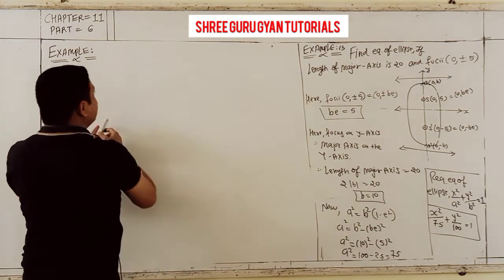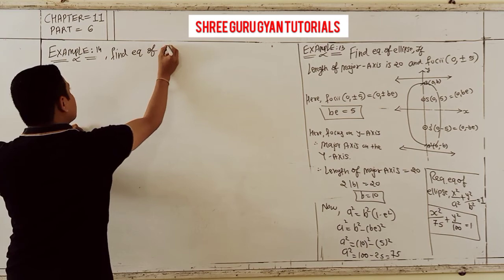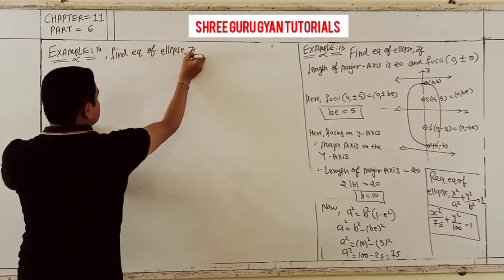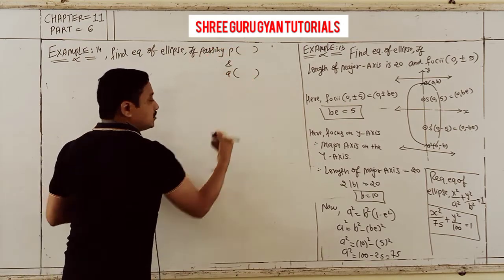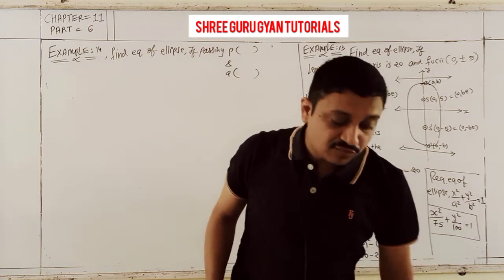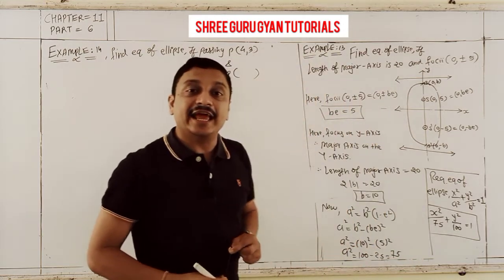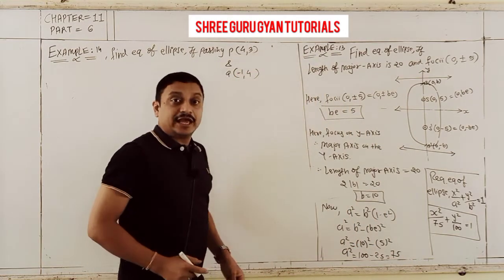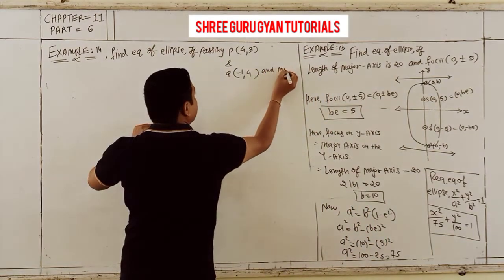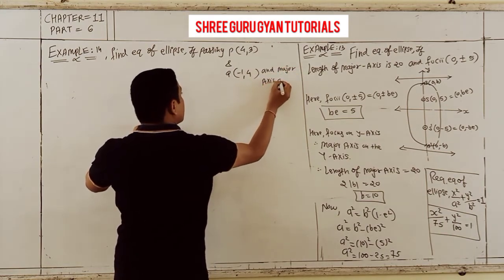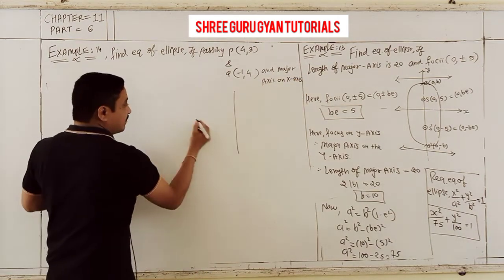Find the equation of the ellipse passing through points P and Q. The two points given are P (4, 3) and Q (minus 1, 4), and the major axis is on the x-axis, which is already given. Very easy, I just draw a rough figure.